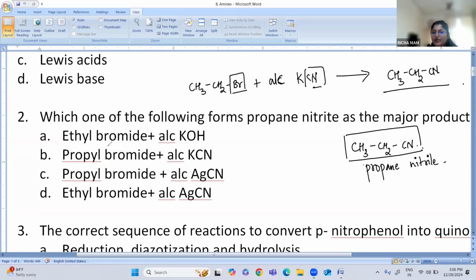So when ethyl bromide reacts with potassium cyanide, what are you going to get?